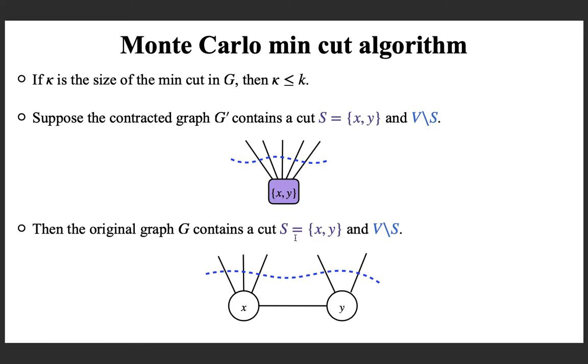That doesn't matter, because it's not going to take part in the cut, since it is between two vertices in the same set. So I hope you are getting an outline of the proof that all the edges crossing the cut that we found are there in the original graph, and hence what we found is a cut.